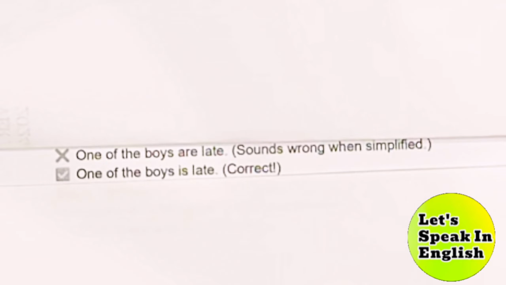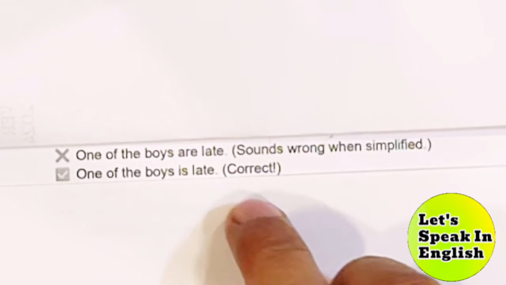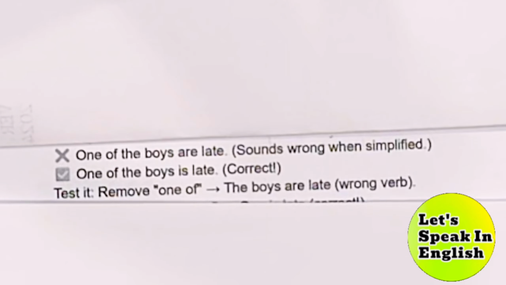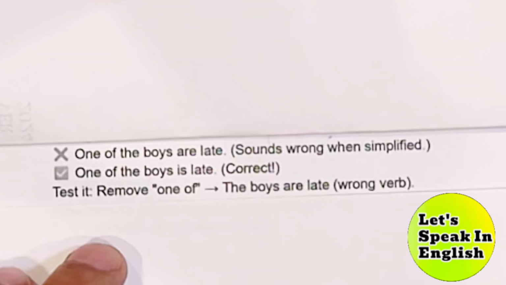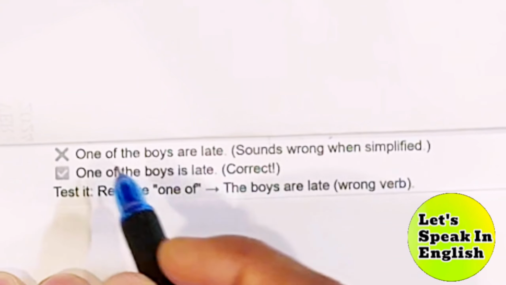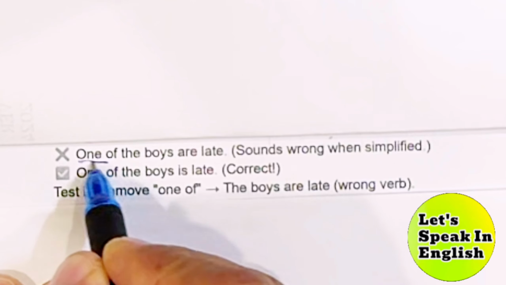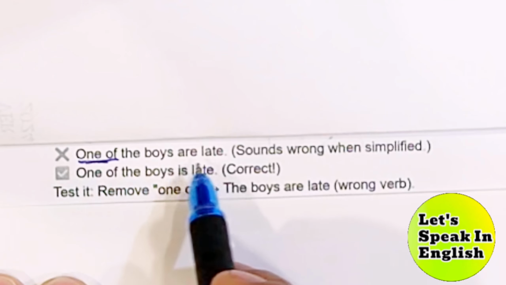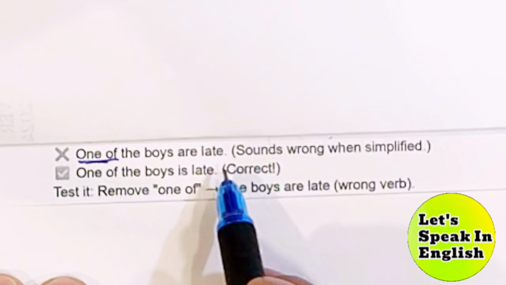Here we have the sentence, "One of the boys are late." It's looking wrong, and I show you the trick. The trick here: remove "one of" from the sentence. The sentence we get is "The boys are late."